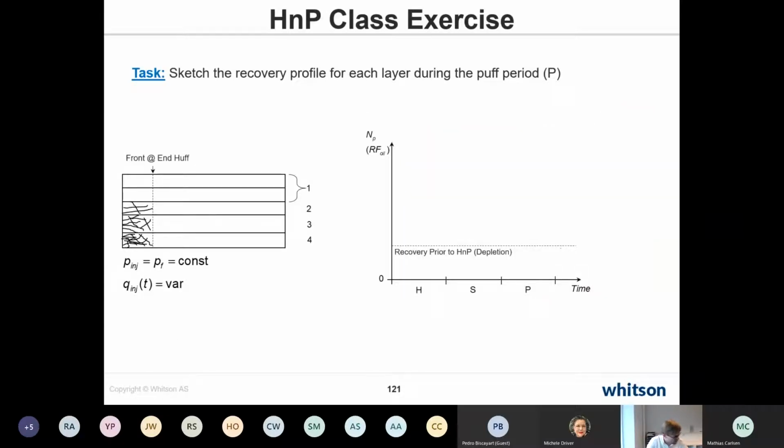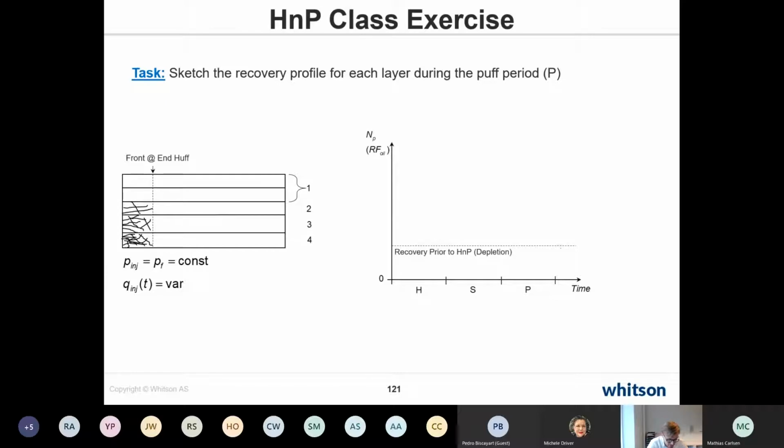So now we actually haven't shown a lot of the results, and we haven't discussed a lot of the reasons why it is like that, but we've talked about the importance of complexity when it comes to recovery. So what I would like everybody to do now, just on a piece of paper, and think a little bit for themselves with this exercise, is to sketch the recovery profile for each layer in this.